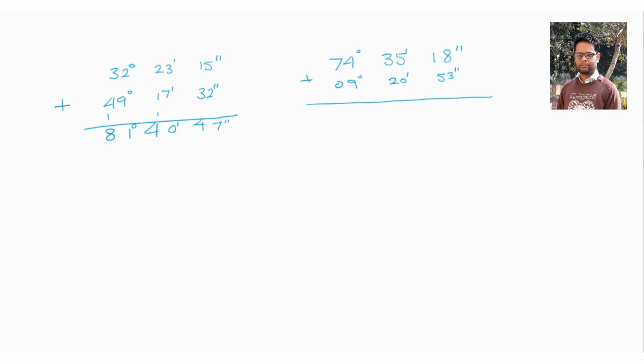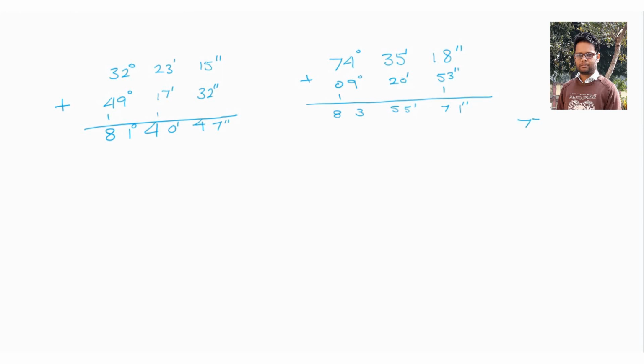Okay, add: 8 plus 3 is 11, 1 will go here, 1 plus 5 is 6, 6 plus 1 is 7 seconds. 5 plus 0 is 5, 3 plus 2 is 5, 55 minutes. 9 plus 4 is 13, 1 will go here, 7 plus 1 is 8. So here 71 seconds are there.